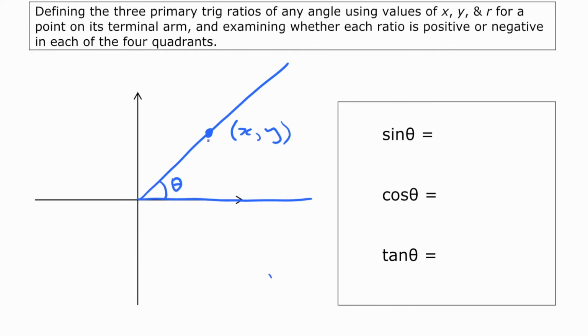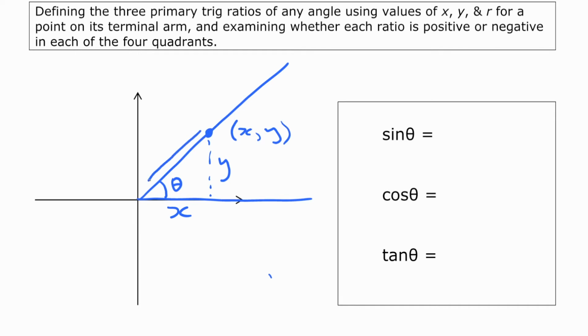This is theta. Now, just like before, we're going to look at this triangle like that, and instead of thinking of opposite, adjacent, and hypotenuse, we're going to realize that this distance right here is the y-coordinate, this value right here. And we're going to realize that this distance right here is the x-coordinate.